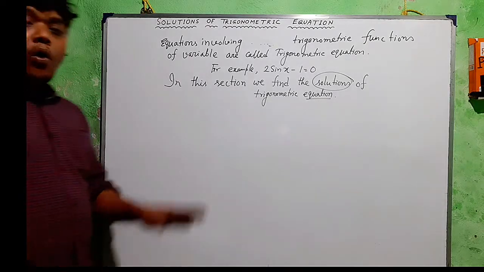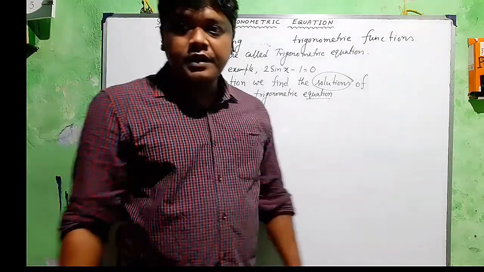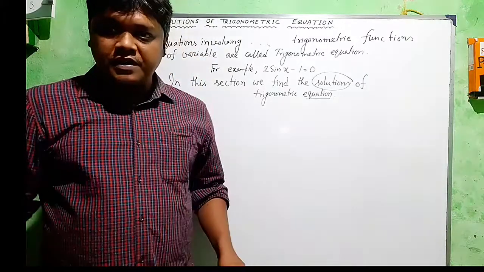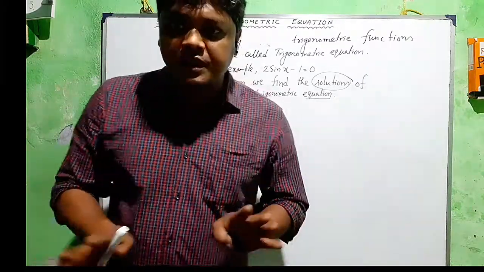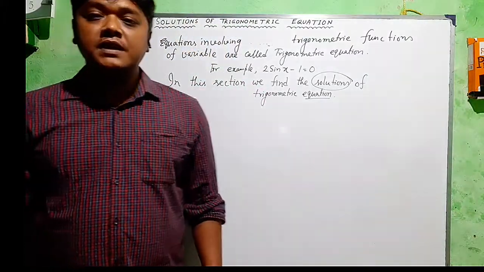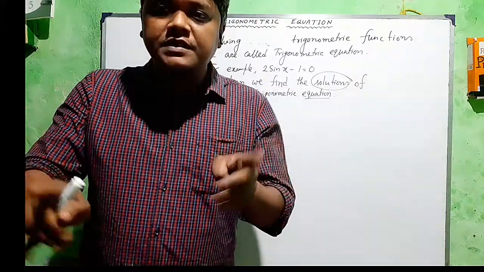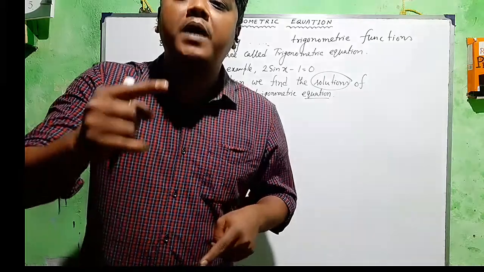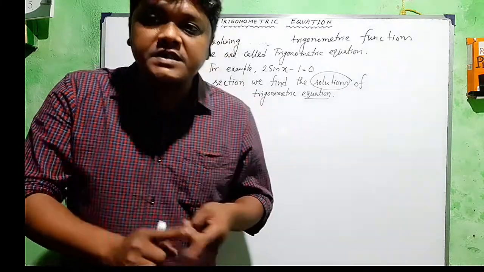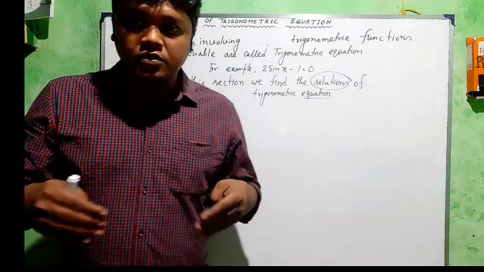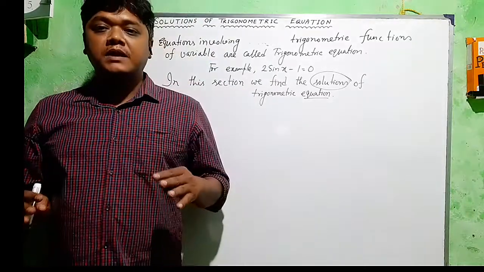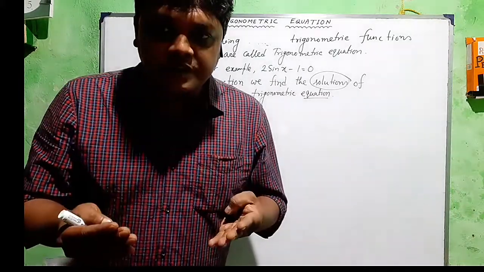So we have already learned that the values of the trigonometric ratios sin x and cos x repeat after 2 pi period. That means sin(2 pi plus x) equals sin x, cos(2 pi plus x) equals cos x.